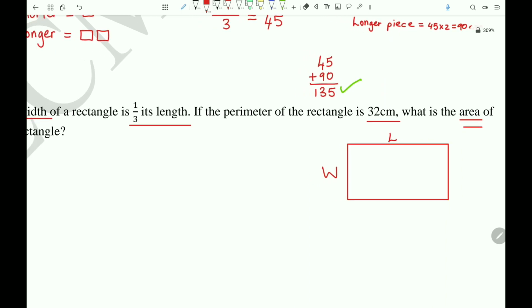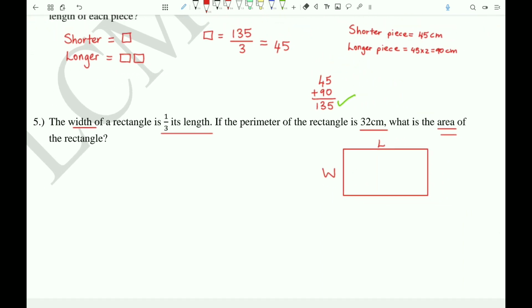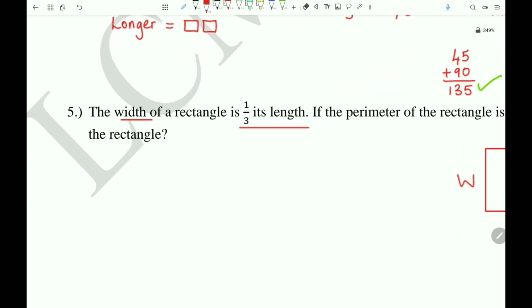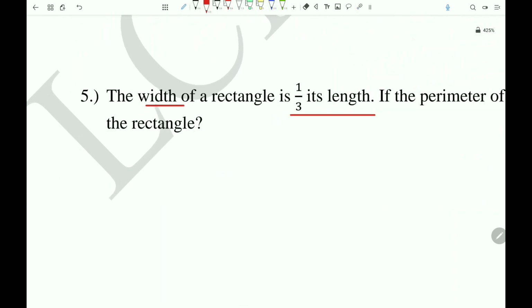Now, the question says that the width is 1/3 its length, which means that the width, of course, would be the shortest length or the shorter length in the rectangle. So we'll put that equal to box.